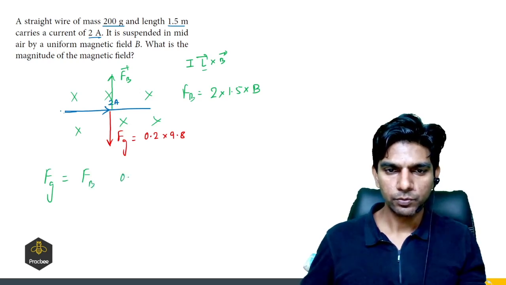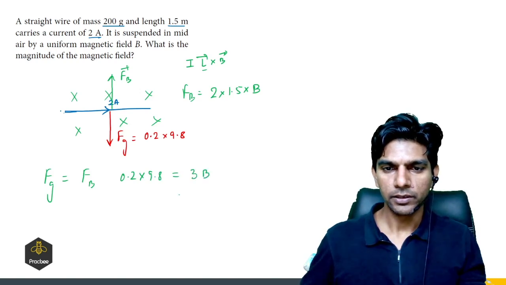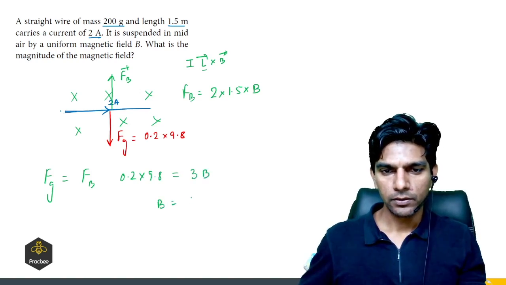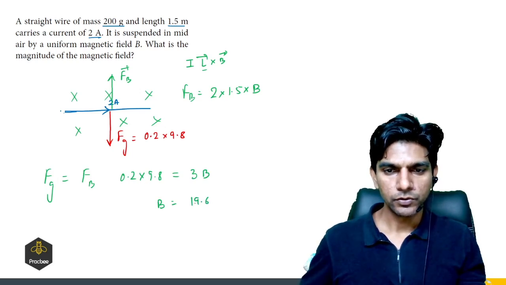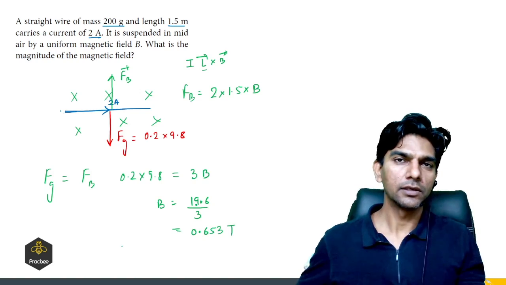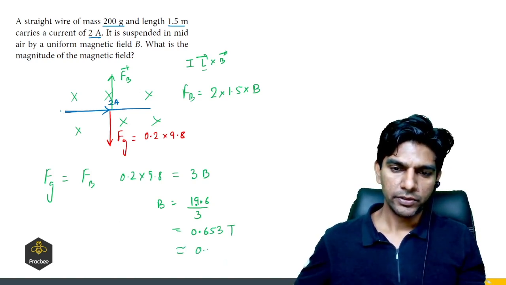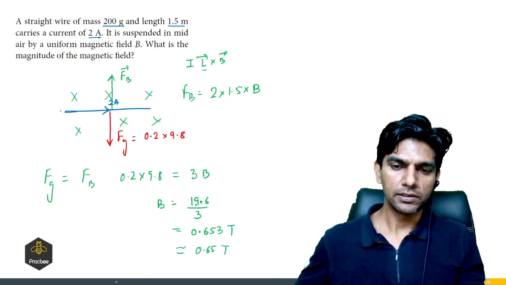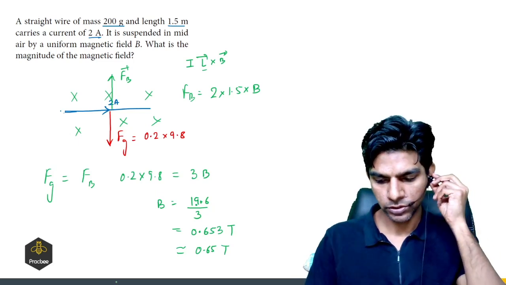So we have 0.2 times 9.8 is equal to 3 times B. So B will be 1.96 by 3. So that will be 0.653 Tesla. So it will be 0.65 Tesla. So that should be the answer of this question.